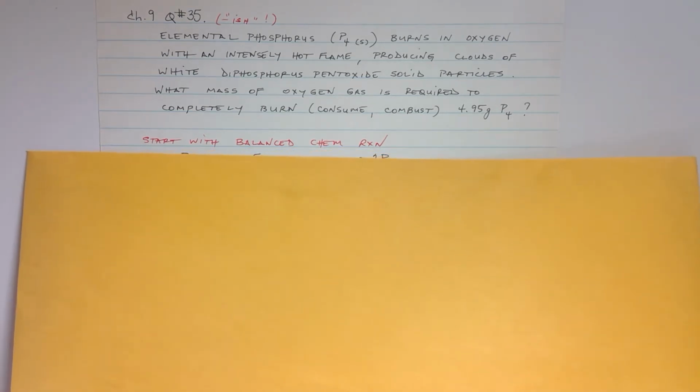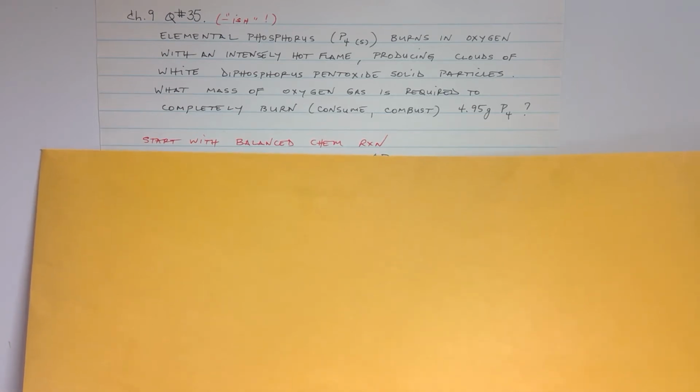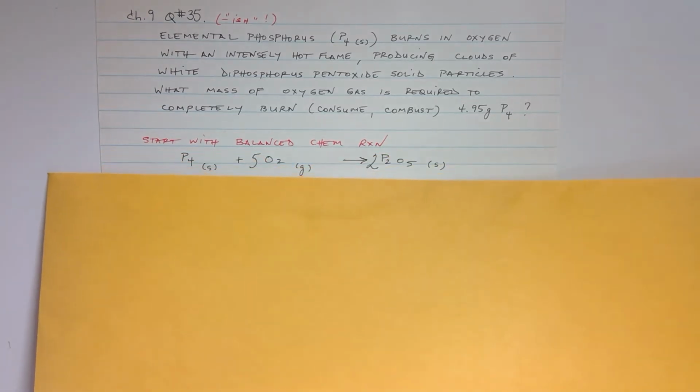You know that P4 is a reactant. It burns in oxygen, that means it's combining with O2 gas, and we see what comes out is the diphosphorus pentoxide solid. So there you have it, and you have to balance it.